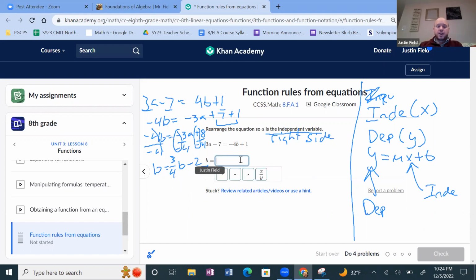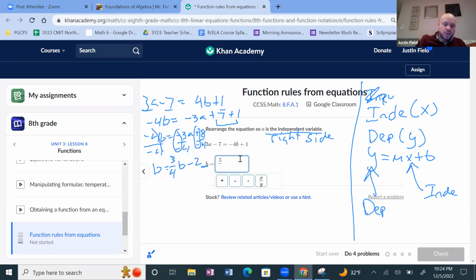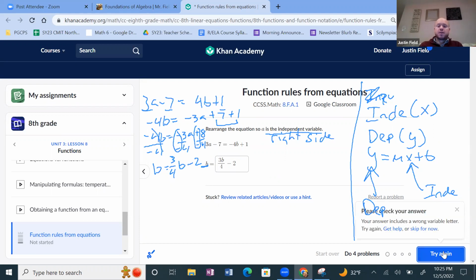So b is 3/4 b, and I'm going to put that b to the side. I usually put the variable to the side or in the numerator, but not usually in the denominator. Let's put it in the numerator. And I do the same thing for negative signs. They go in the numerator. You can put them in the denominator, but let's just put them in the numerator, same spot.